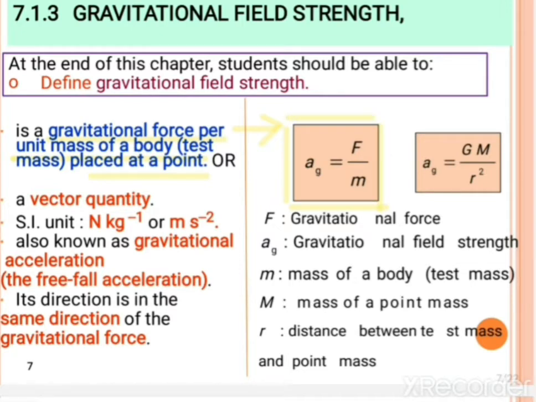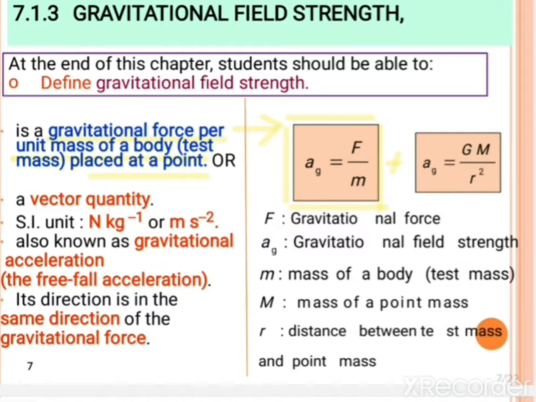So when we arrange a in front, you get a equal to F over m. F is gravitational force, Ag is gravitational field strength, m is mass of a body. Or A equal to Gm over r square. G is gravitational constant, m is mass of point mass, r is distance between test mass and point mass.